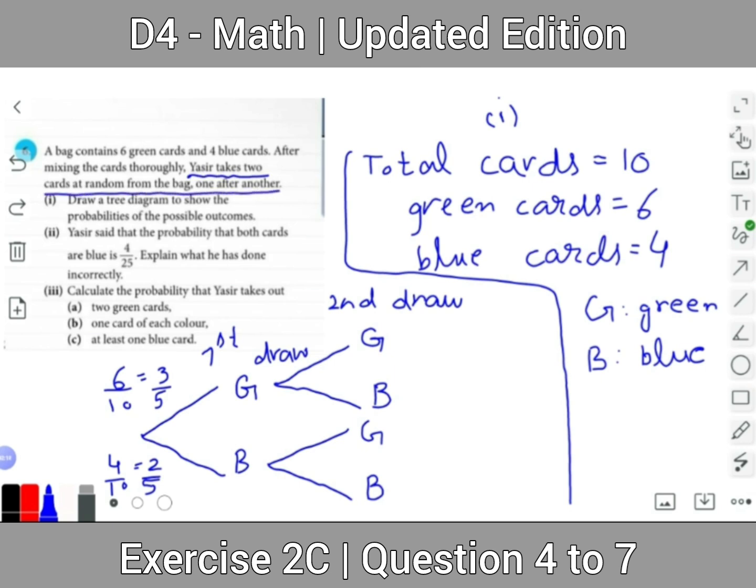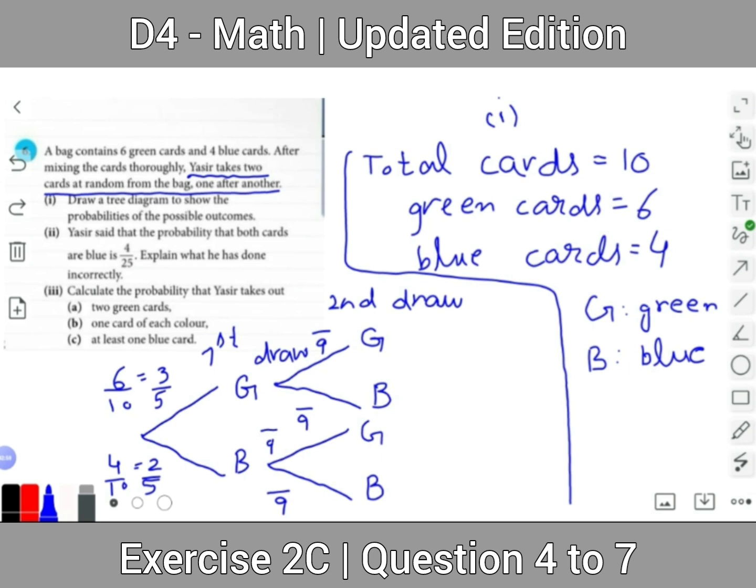So in the case of green, we take away 1 card, so the total number of cards will be 9, as we have already drawn 1 card in the first draw.